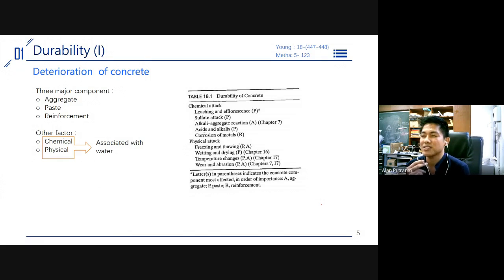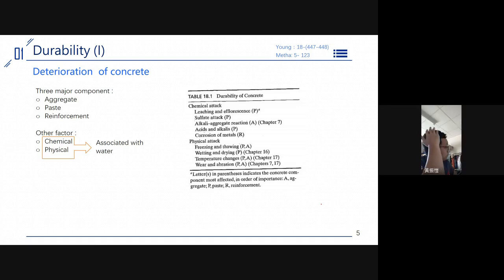So our main problem, if I can say, after I arranged this presentation, after I tried to learn this presentation, I think the most important thing for concrete structure is water. That's very important. How do we prevent water from penetrating our concrete? How do we prevent the existing water inside the concrete from evaporating? That's very, very important.